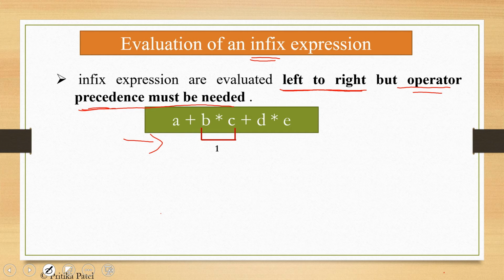Multiplication and division have the highest priority, then plus and minus. So first we have to evaluate B into C, because multiplication has a higher priority. Then next, multiplication is there again, so D into E is done first.